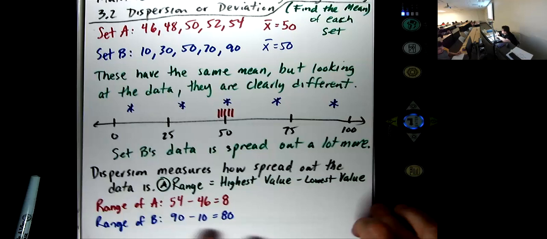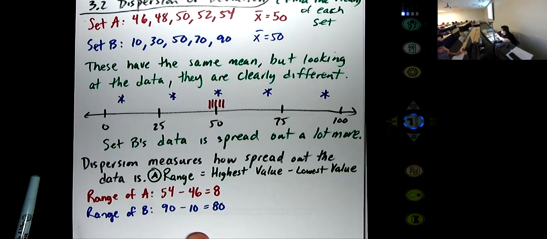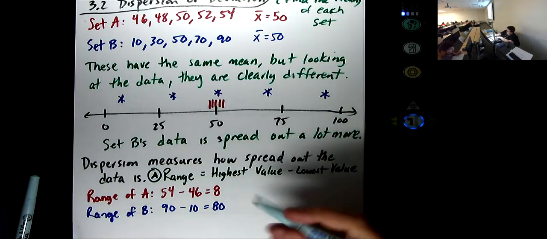You guys remember talking about resistance and outliers and stuff? Resistance is something that if we have a very odd value, a very extreme value, it doesn't change it. Let's check this for resistance. Is range resistant?